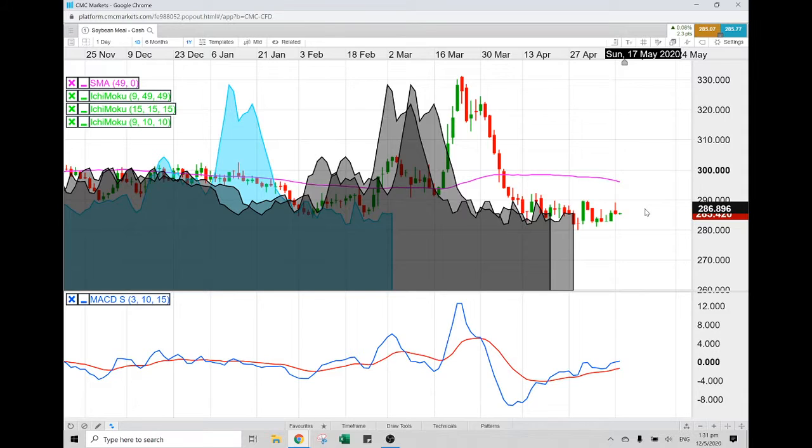So just gotta observe. So the thing here is we want to only look for trades to either buy or sell when the trend is strong. So if you want to buy, look for a trend that has a sharp angle upwards. And if you want to short, the angle of the trend, which is the pink line, the 49 SMA, should be downwards.